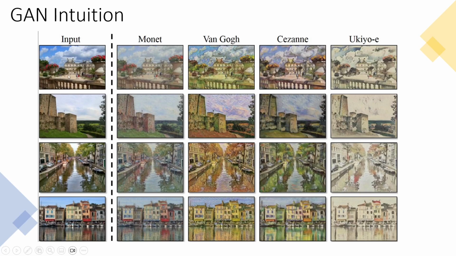For example, you give this image, you get an image that looks like it was created by Monet or Van Gogh. Okay, that's basically what GANs do. They basically forge stuff. They create stuff. So you give this picture of Amsterdam, basically creates you a painting of Van Gogh from your picture, or a painting of Monet from your picture.